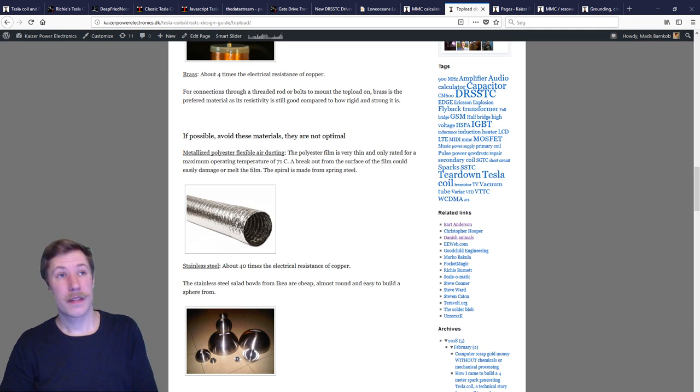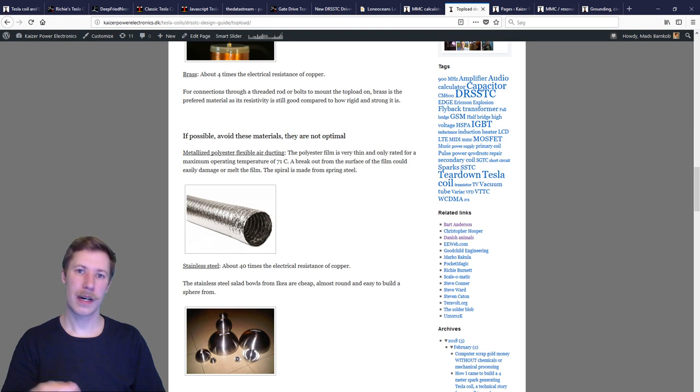Or you could also say the bigger toroids that you have, if your toroid or top load is too small, you will not have the charge available to actually feed a good thick arc from it. So it also comes down to your top load capacitance.